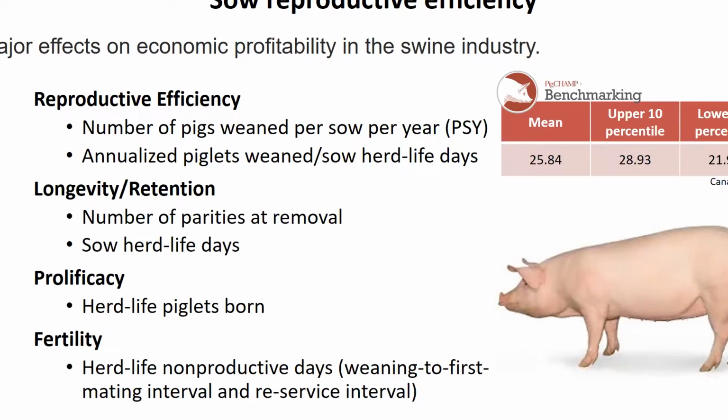There are three other factors that affect sow reproductive efficiency: longevity and retention, so the number of parities at removal or sow herd life days; prolificacy, the herd life piglets born; and fertility, the herd life non-productive days, which is measured by weaning to mating intervals and reservice intervals. These four factors together give us an estimate of lifetime performance and ultimately affect the efficiency of our sow herds.